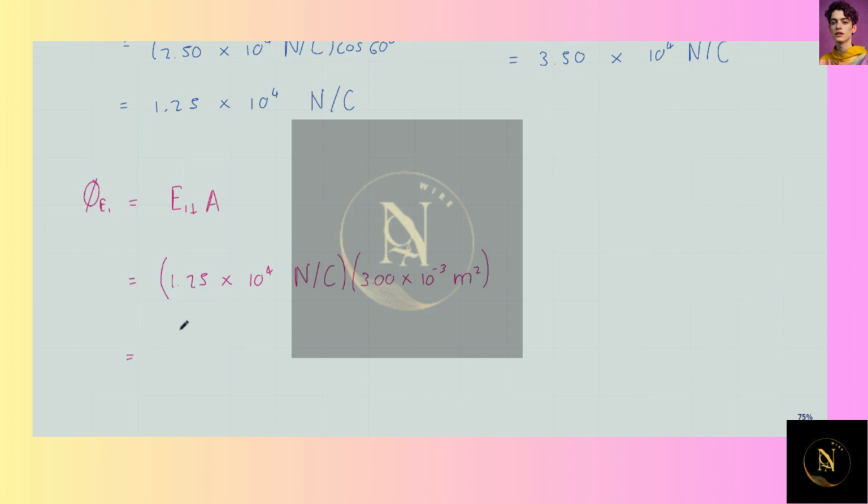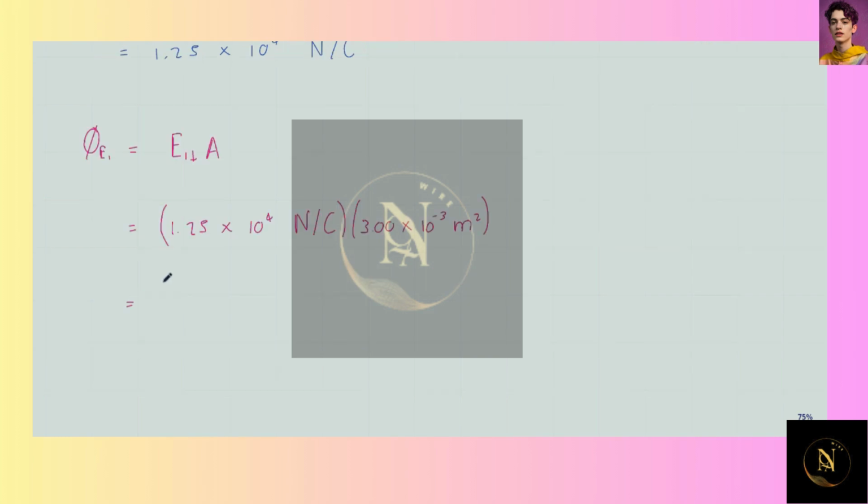And calculating this, we get the flux through the first surface to be 37.5 newton meter squared per coulomb.